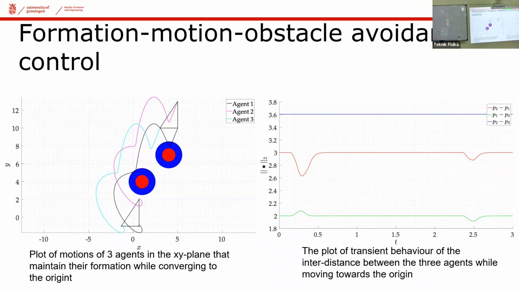And the other agents try to mimic: okay, he tells me he's going in this direction, so I will try to. So in some sense, it looks like a leader-follower configuration, but it is not, because it is coming from the estimator.